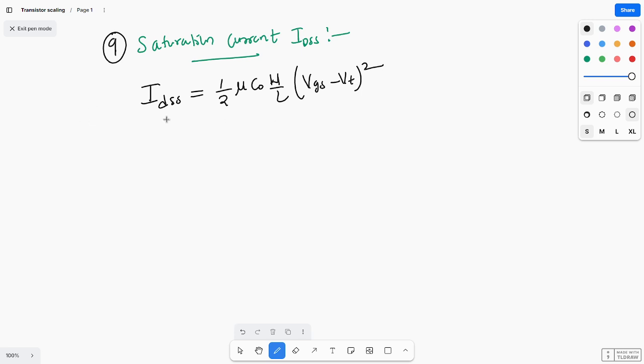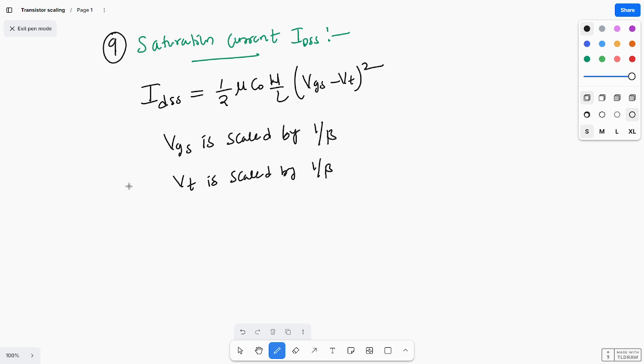So here VGS equal to what? Previously we already saw beta is scaled by the thickness of the oxide and other voltages. So VGS is the other voltage, no? VGS is scaled by 1 by beta, and Vt, the threshold voltage, is also another voltage that is scaled by 1 by beta.